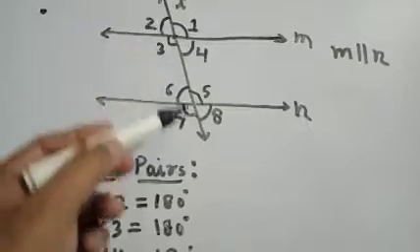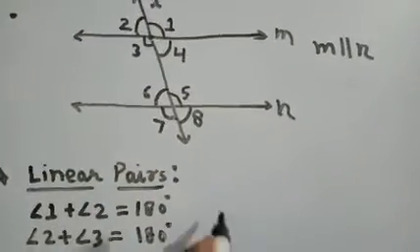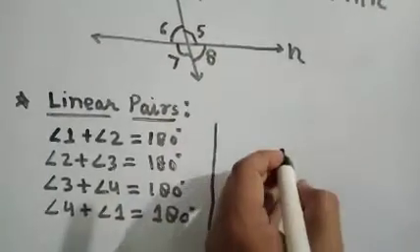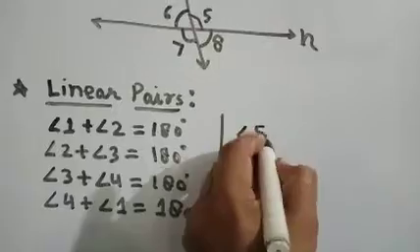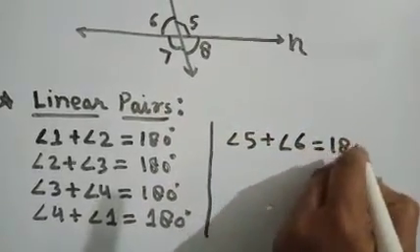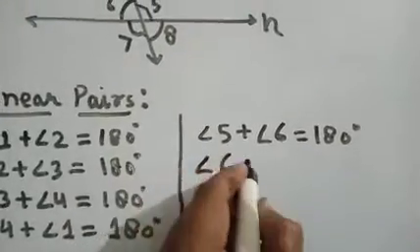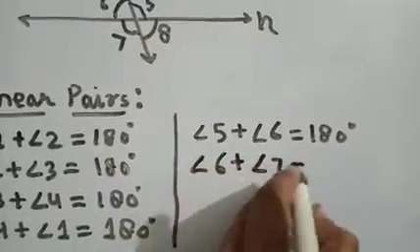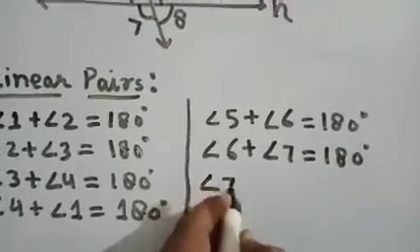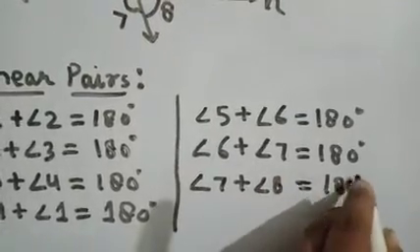Similarly, if the transversal cuts the line N at a distinct point, four other pairs also make linear pairs. Angle 5 plus angle 6 is equal to 180 degrees. Angle 6 plus angle 7 is equal to 180 degrees. Angle 7 plus angle 8 is equal to 180 degrees.